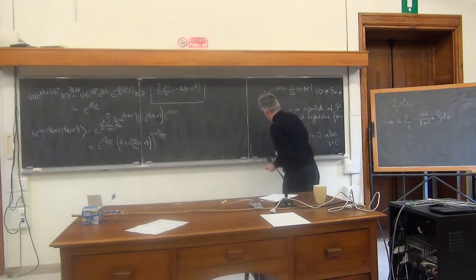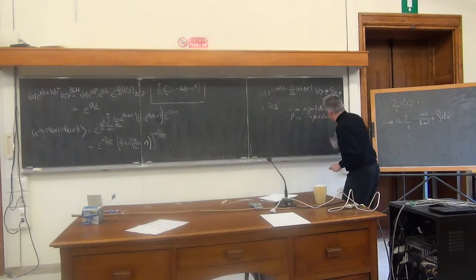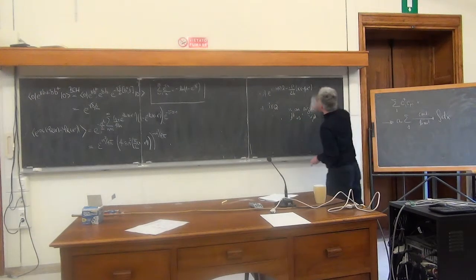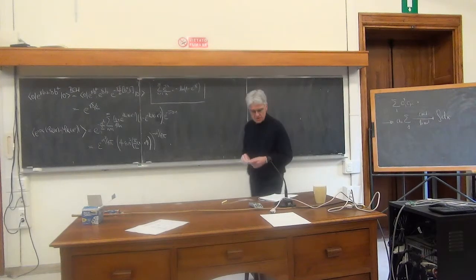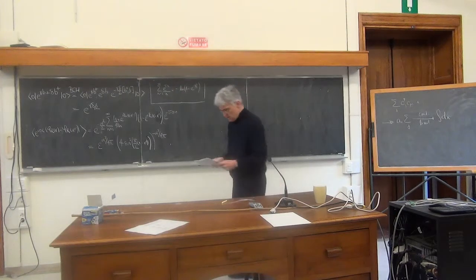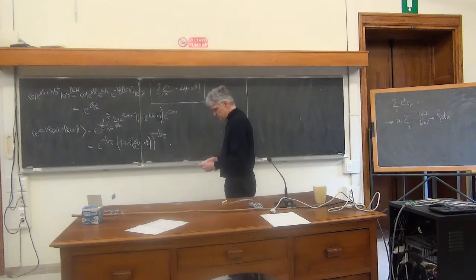Okay, and so now, first of all, what we have achieved is we have worked out what the two-point function of these vertex operators is. So let me give you the answer.